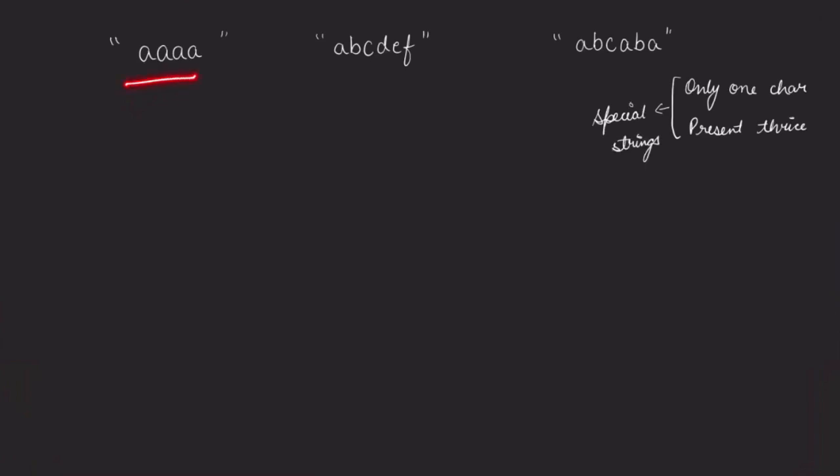So in the string S, you need to identify the longest special substring, meaning a string which has only one type of character and which is present thrice in the string S.